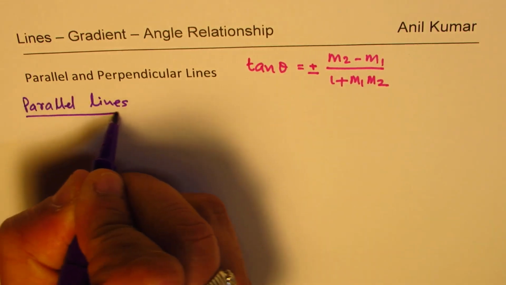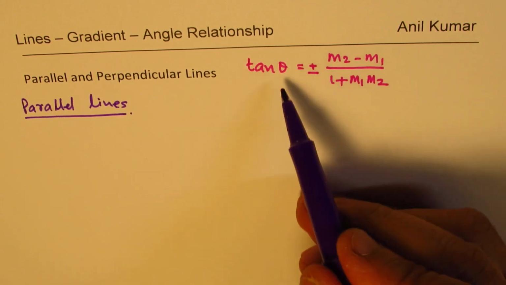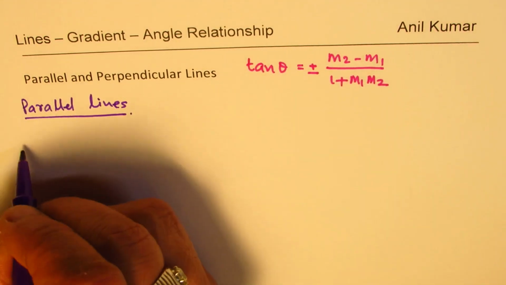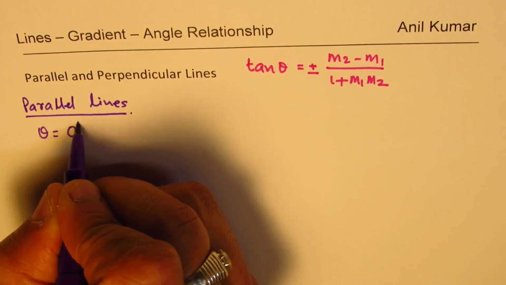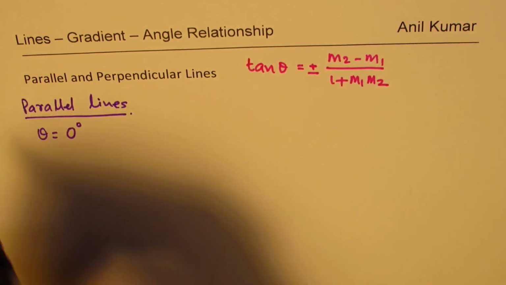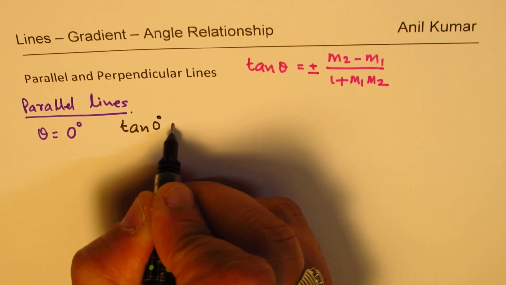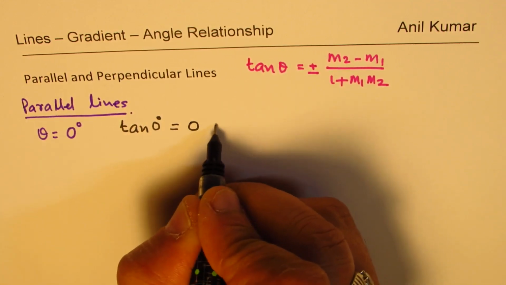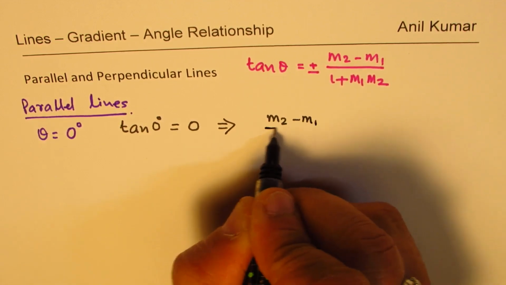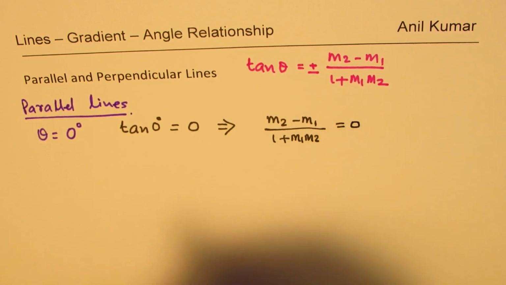So parallel lines means that the angle between them should be 0, right? So that means theta should be equal to 0 degrees, correct? Now if theta is 0 degrees, then what do we get? In that case, tan of 0 degrees is basically 0. So that means (m2 minus m1) over (1 plus m1 m2) equals 0.